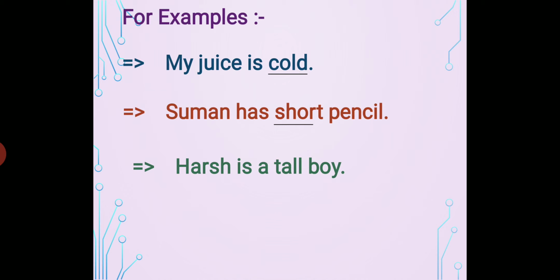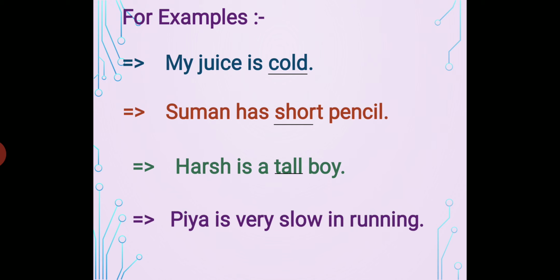How is the boy? Tall. So tall is an adjective. Pia is very slow in running. How is Pia in running? Slow. So slow is an adjective. These four adjectives, cold, short, tall and slow, are written without any changes in the sentence, so it is called the positive form of the degree.